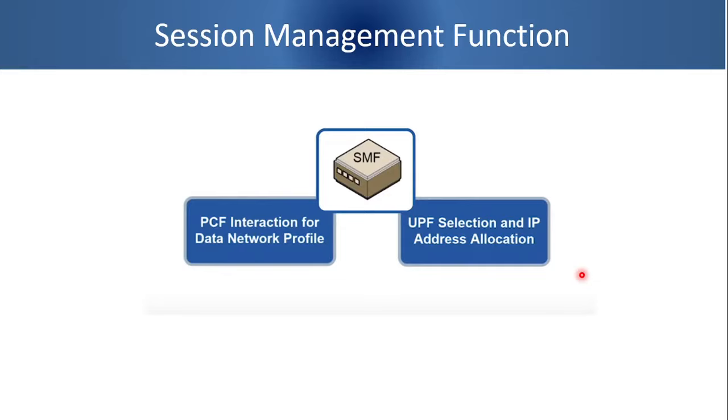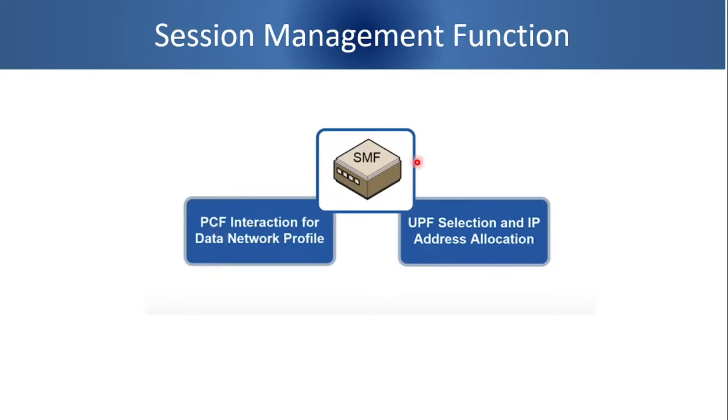So all those rules to UPF are given by SMF, and it also gives rules to the UE for packet filtering on the uplink side to apply a particular quality of service. So it plays that role also, and for that it has to interact even with the policy control function, PCF, and from there it also gets the data network profile and which kind of service has to be applied.